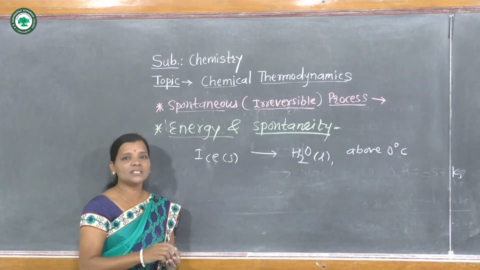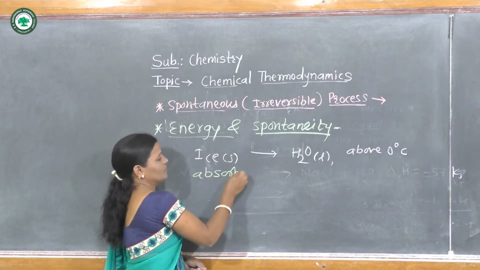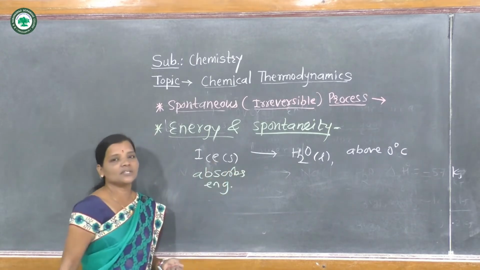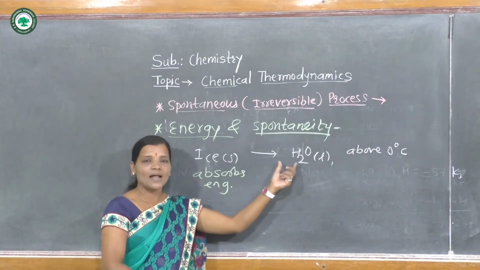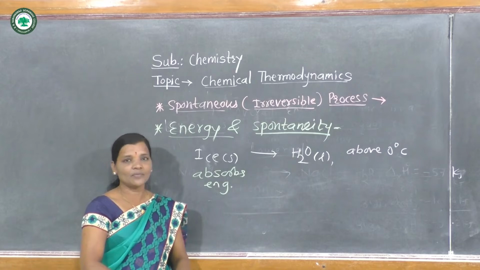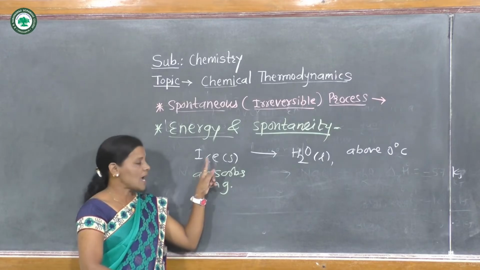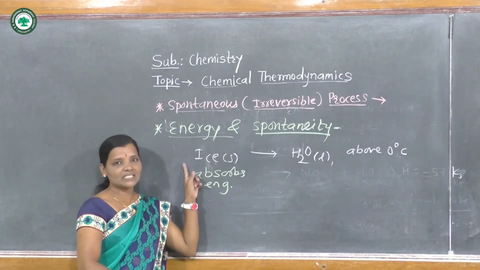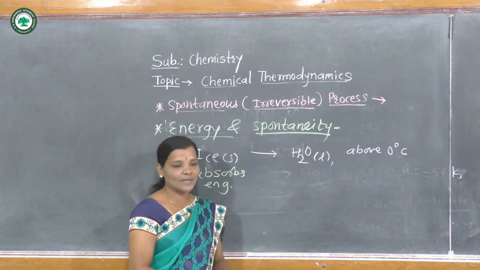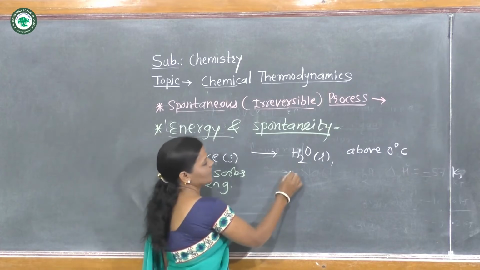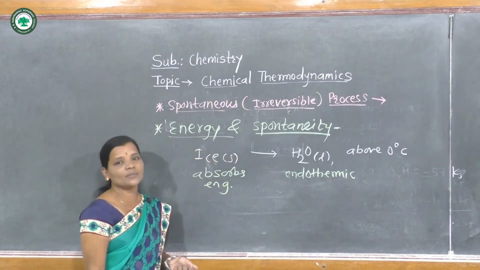How does this happen? The ice absorbs energy from its surroundings, and only then is melting possible. So this reaction is also spontaneous, but absorption of energy takes place and water formation takes place. That means this reaction is an endothermic reaction.